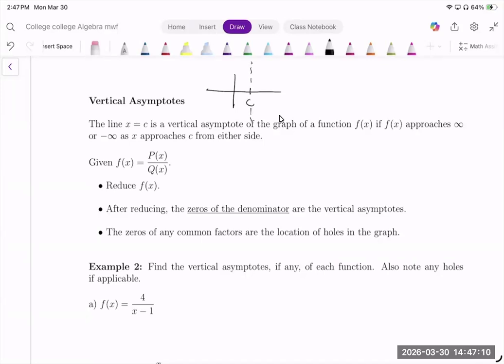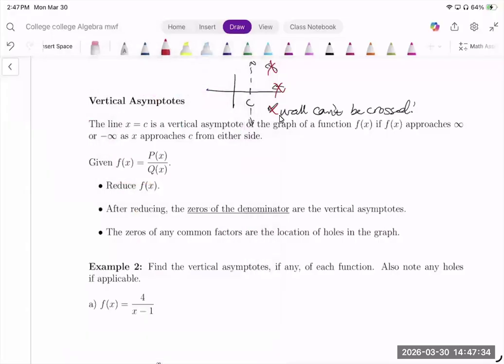I am a vertical asymptote. That means I am a wall that I cannot cross. A wall can't be crossed. You can't go, no climbing over, no going under, no going through. Okay, no dice. Can't do any of these things.